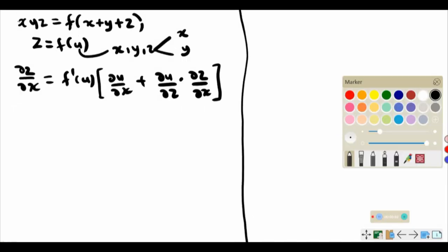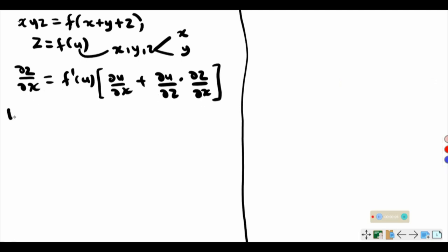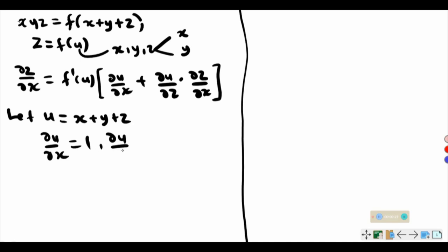We shall now let u be x plus y plus z. For that case, the partial derivative of u with respect to x will be 1, with respect to y will be 1, and with respect to z will be 1.